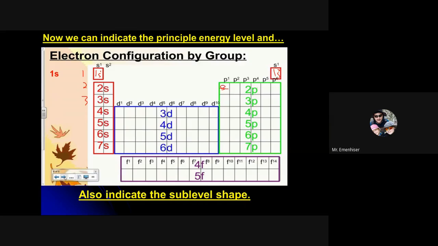That's boron to neon. Then the 3d starts here at scandium and goes to zinc. Iron is in here, copper's in here. And then the F starts right here. That's the 4f and the 5f. So you can see where everything is.